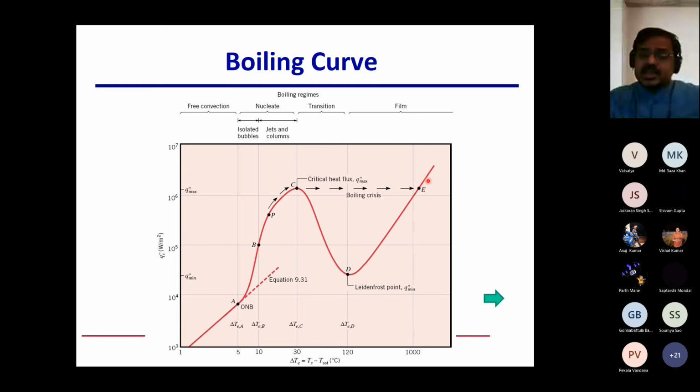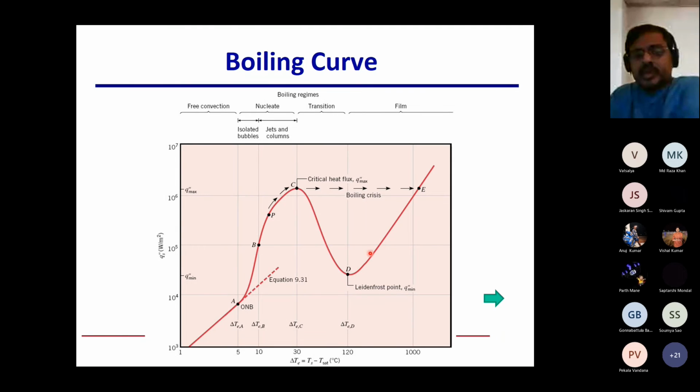Why does it start going up? It's still a film. Why would it start going up? Because look at the temperature differences now. These things are happening at very high temperature differences. The boiling point itself is 100 degrees for water. Then it is 120 degrees of superheat, which is like 220 degrees. Under such temperatures, the radiation effects also start becoming important.